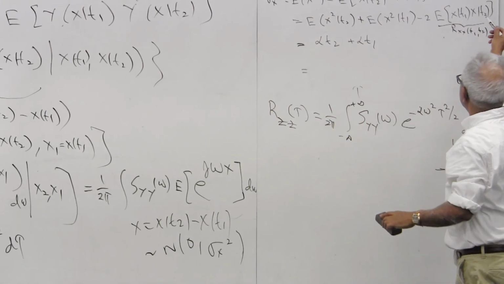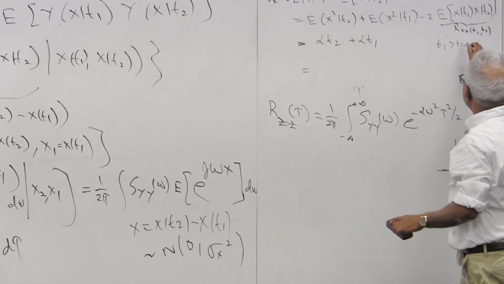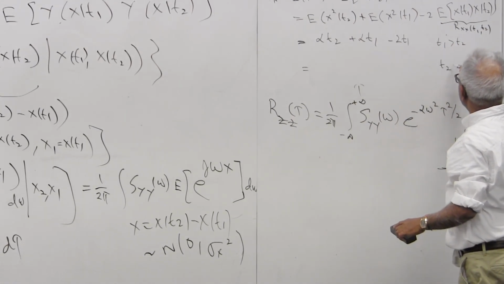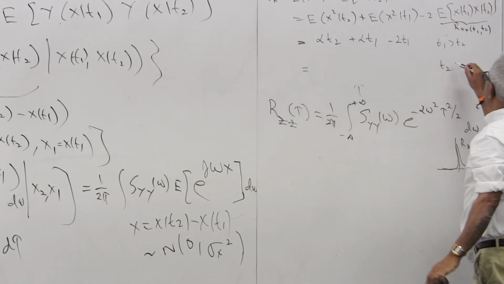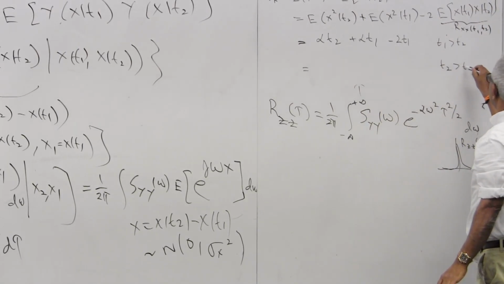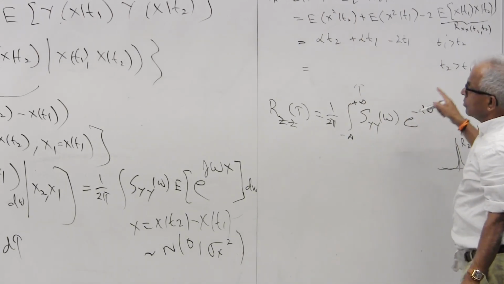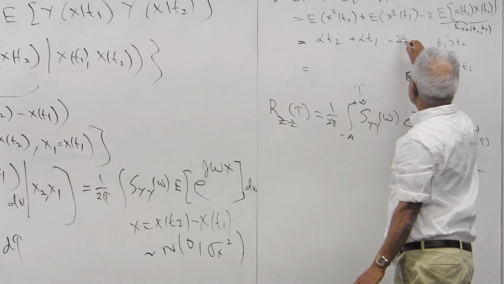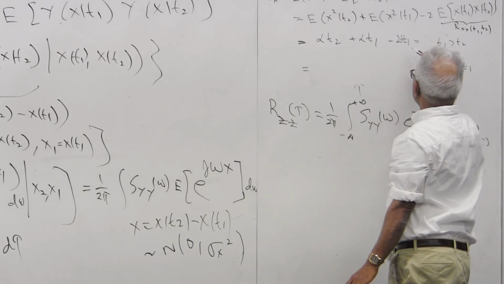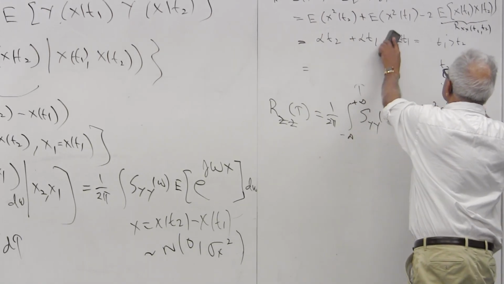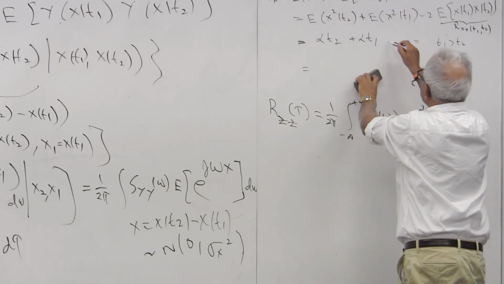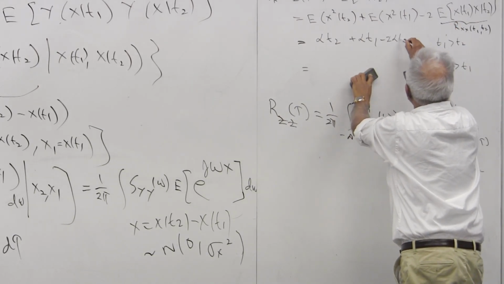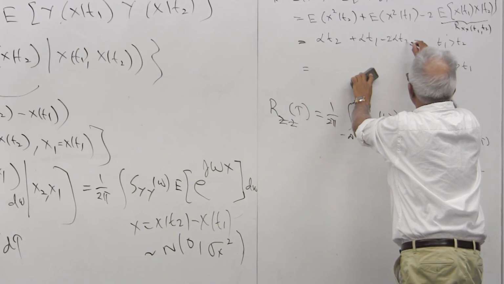Here you have two situations. T1 greater than T2, so this will be 2 T1. And T2 greater than T1, so that T2 will be the minimum. Alpha goes away. So when T1 is greater than T2, the minimum is minus 2 alpha T2.